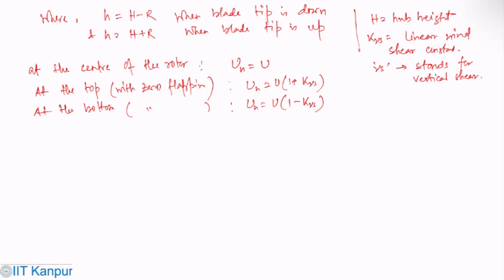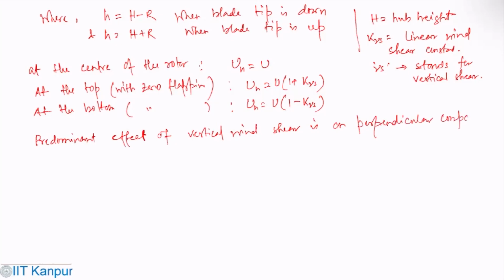That means the predominant effect of vertical wind shear is on the perpendicular component.